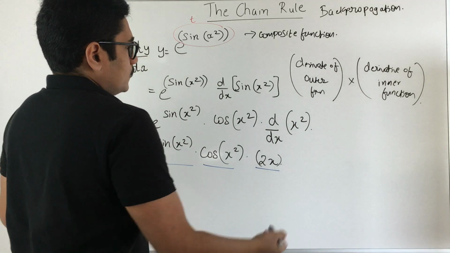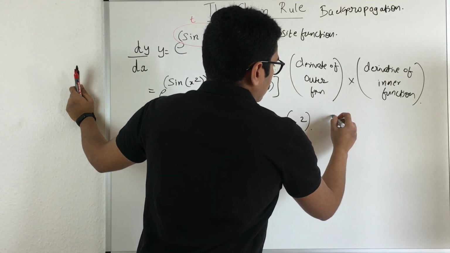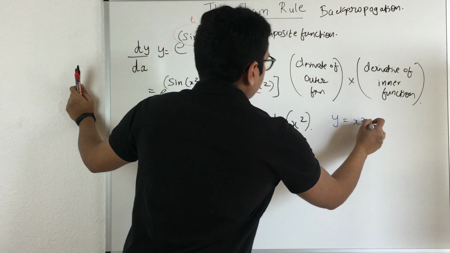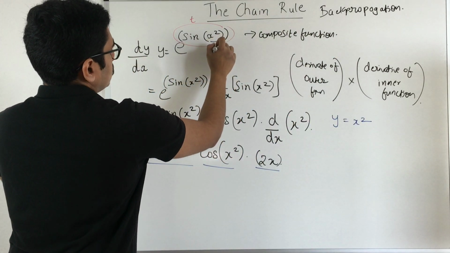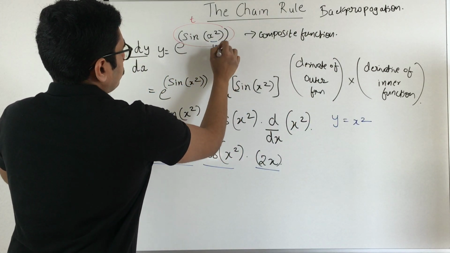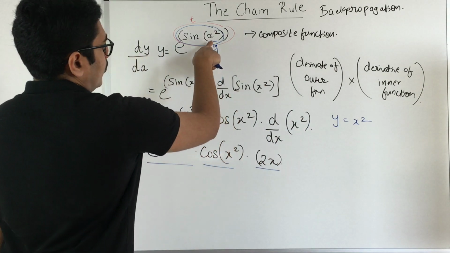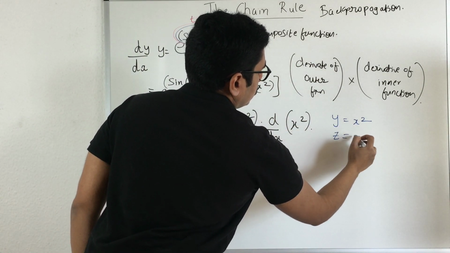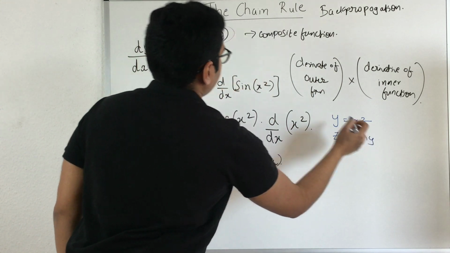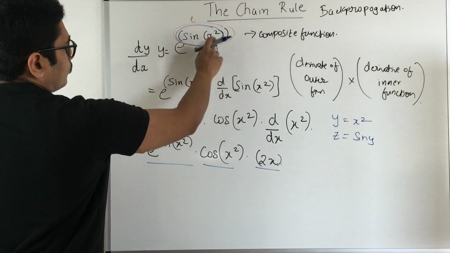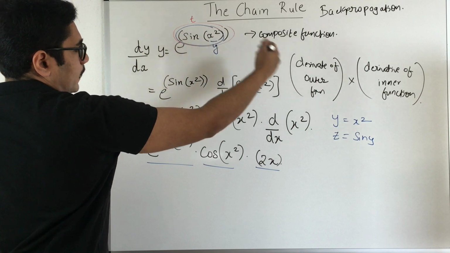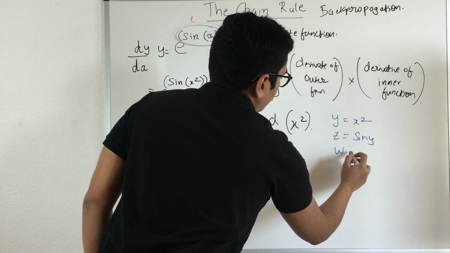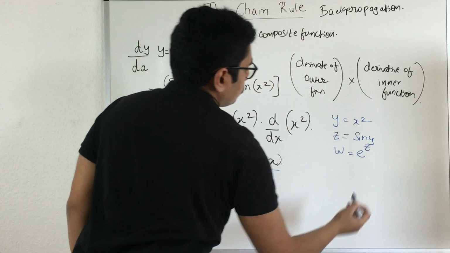Whenever you have a function, say y is equal to x square, I am representing this as y. So we have taken x square as y. Now we are taking z is equal to sine y, so now this became sine of y. We are taking this sine of y as z, and say we have w is equal to e raised to z.